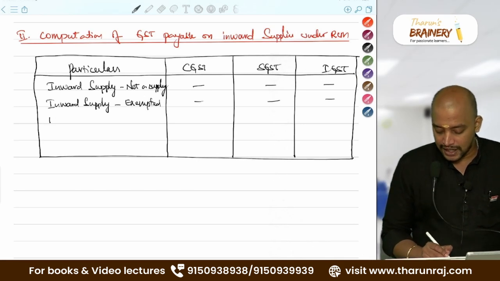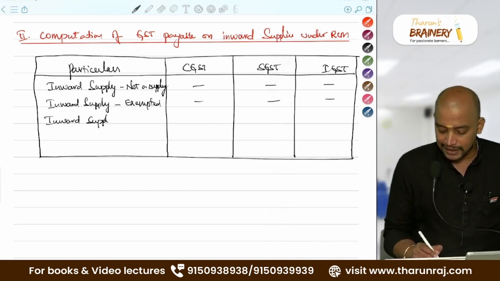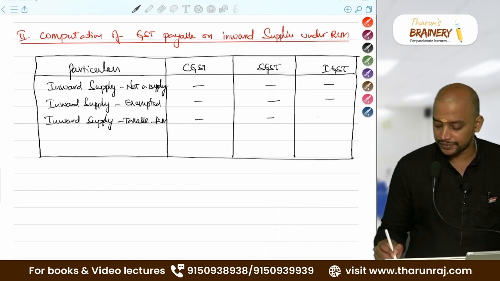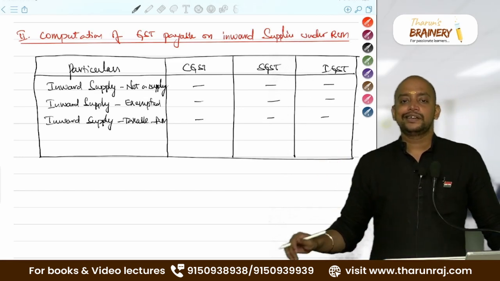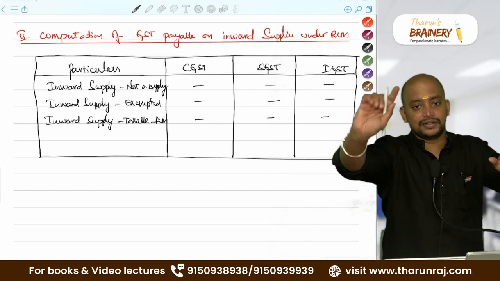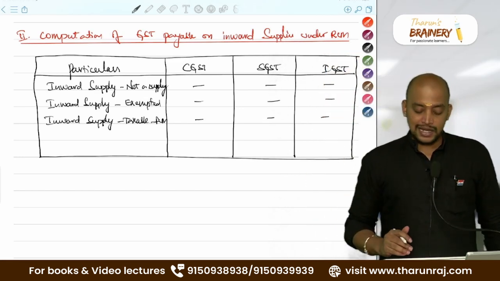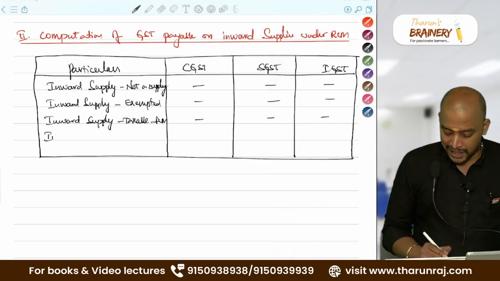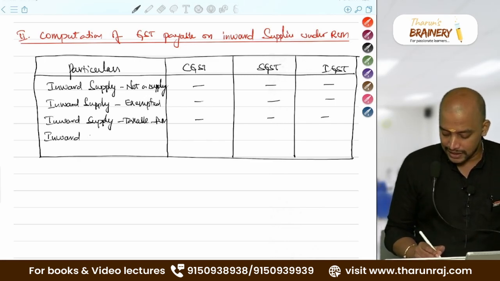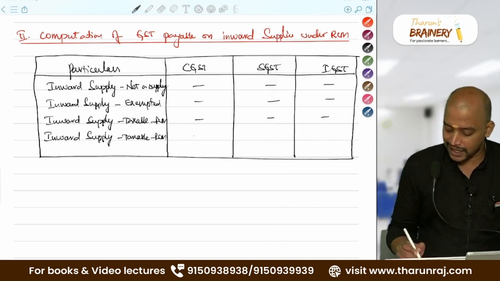Then inward supply taxable under FCM, don't bring it. Don't bring, because we are talking about RCM liability. Then inward supply taxable under RCM, take it.